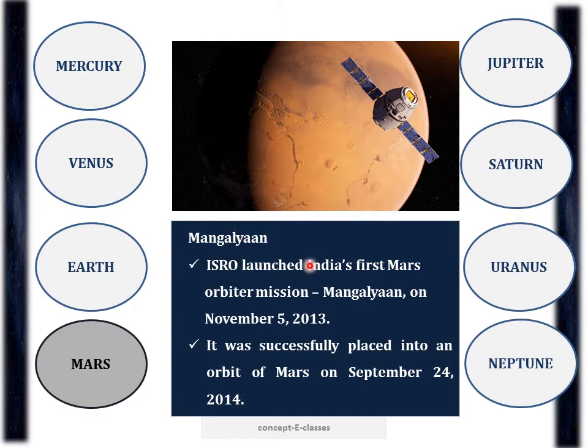ISRO, Indian Space Research Organization, launched its first Mars orbiter mission called Mangalyaan on November 5th, 2013, and it was successfully placed into an orbit of Mars on September 24th, 2014. With this, India became the first country in the world to do so in the first attempt.